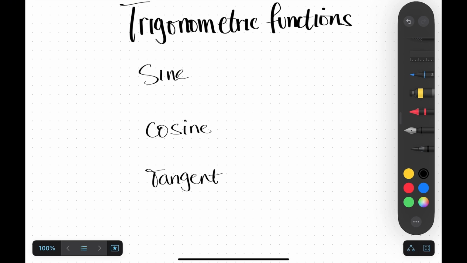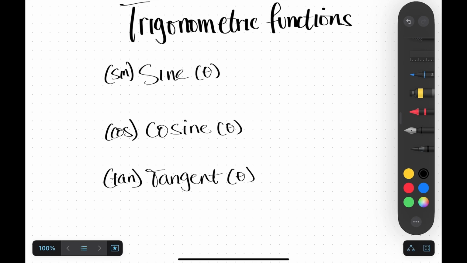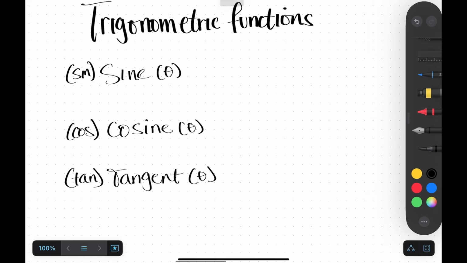You will also sometimes see these abbreviated as such. And these functions take an angle as an input, denoted by theta, and output a number.